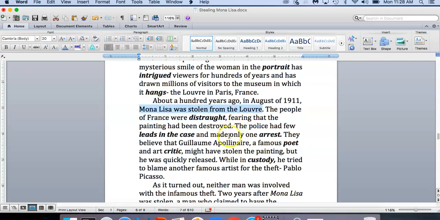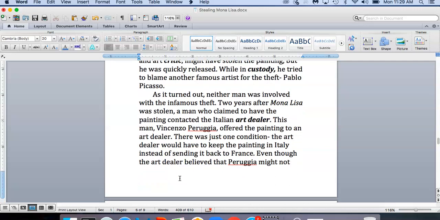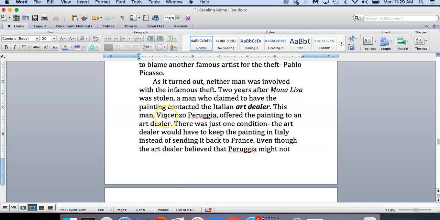They found the person who they thought stole it, which is Mr. Apollinaire, but since he didn't steal it, they quickly released him or let him go, but he blamed another artist, Pablo Picasso. He said, oh, Picasso stole the painting. So that's basically the details for the main idea. Okay, so let's read the third paragraph.